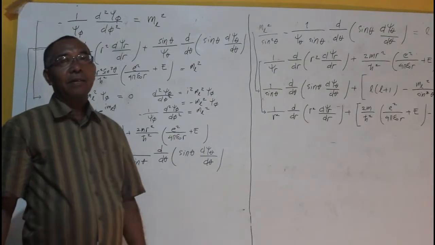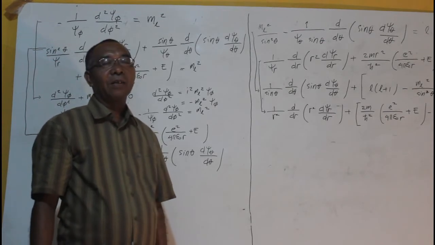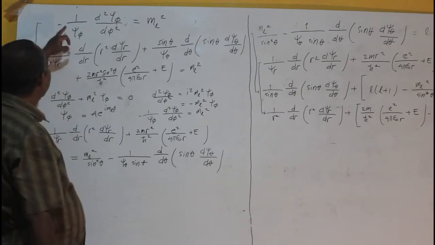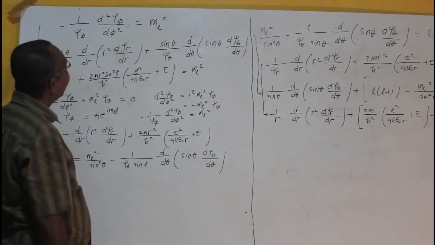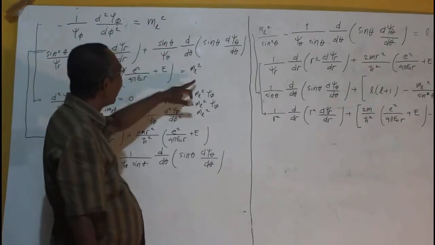Thus, after the separation of the azimuth part from the other part, we have two equations which have the same value, that is the constant ml².